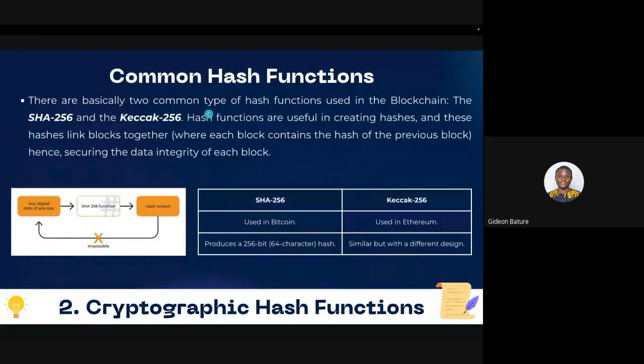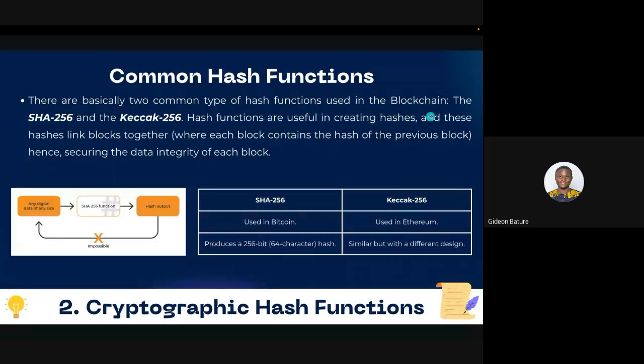So take note of that. Hash functions are useful in creating hashes, of course. The output you get once you send an input to a hash function is always called a hash. So take note of that.